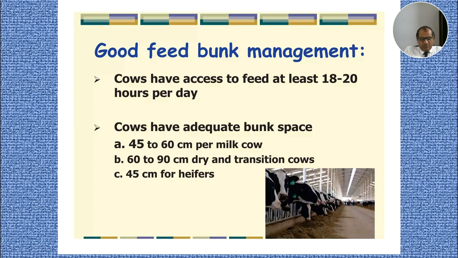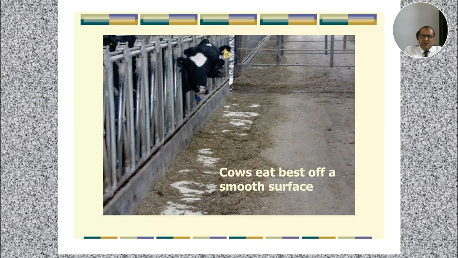A bund should be put starting from the ground to the top. Then cows' beds should have a smooth surface. If the barn has a smooth surface, they will try to eat everything.